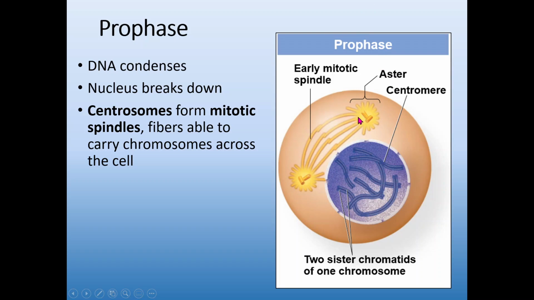These are just little poles for the cell, and they're going to generate mitotic spindles, which are essentially tubes, like a suspension bridge, that stretchy piece that's going to hold the parts together. Those are going to form and create this bridge between your 2 poles, between the 2 centrosomes. So that's prophase. We're just putting everything in place so that when we do start to divide, everything's where it needs to be.